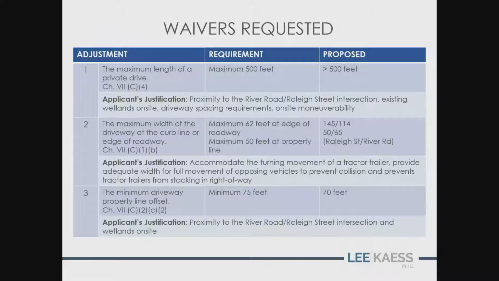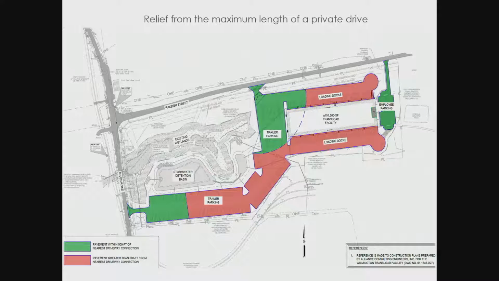Here are the waivers requested. The site plan, as you can see, the employee parking is completely separated from the truck traffic with no interconnectivity, and it meets all of the city standard requirements. So the main variance waiver that is requested would just be for the truck traffic, and there are 2 locations.